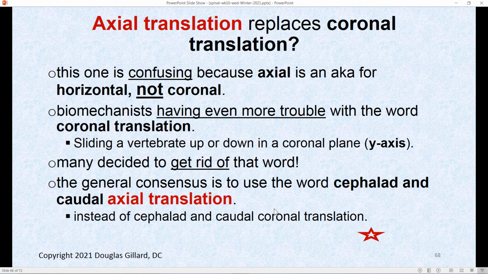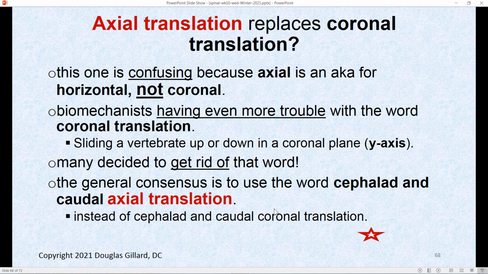Axial translation, what about that? Does that replace, because you can think of the bone sliding up that y-axis. Well, we said that was coronal translation, but you could also say it's axial translation. So you can have axial rotation, axial translation replacing those old hardcore biomechanist terms. Even though they're still AKAs, you have to know both of them.